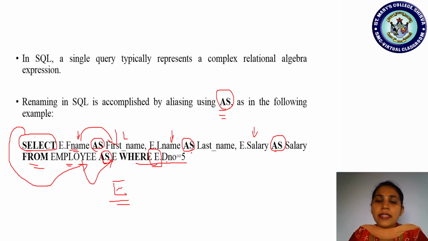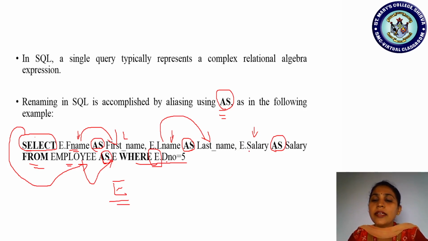With the help of the AS keyword, we give a new name, last underscore name. And similarly, in the relation E, we also have an attribute column called salary.